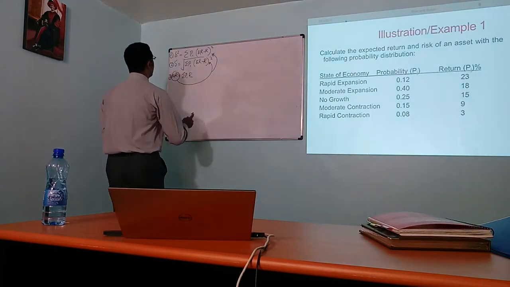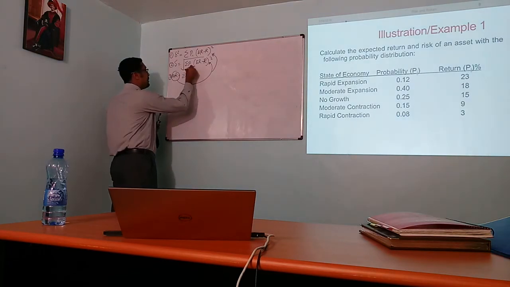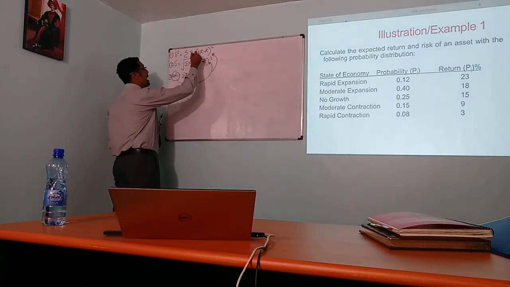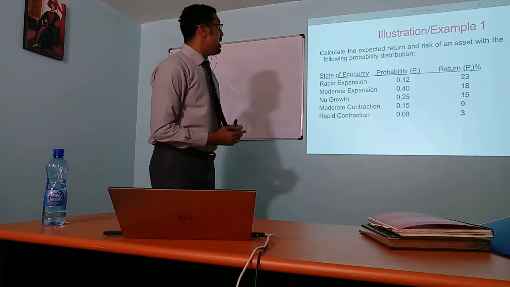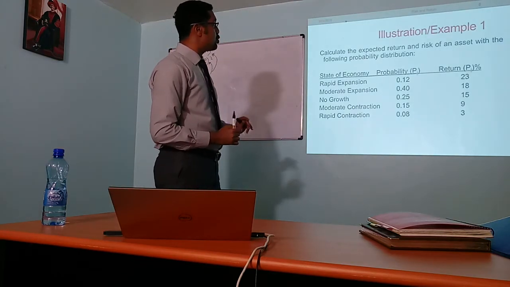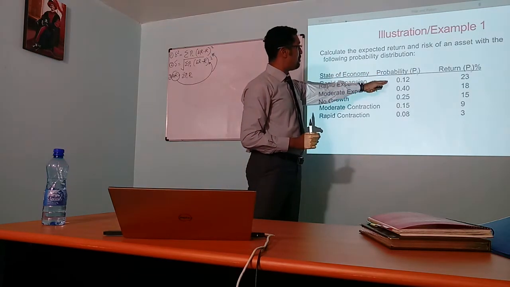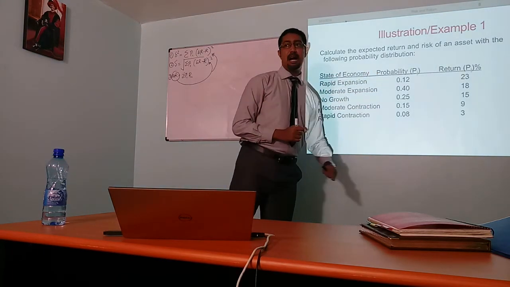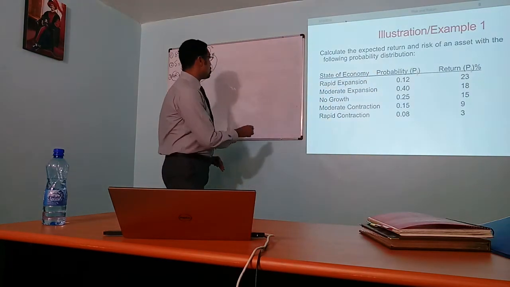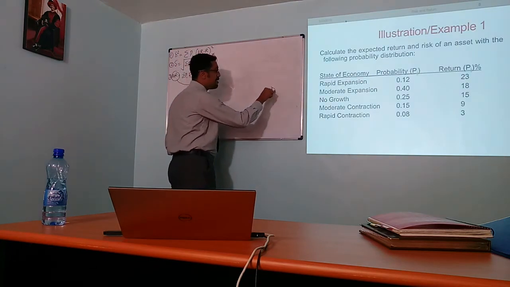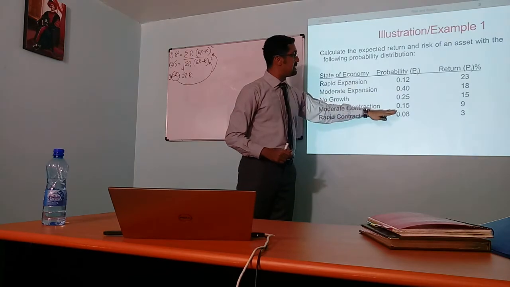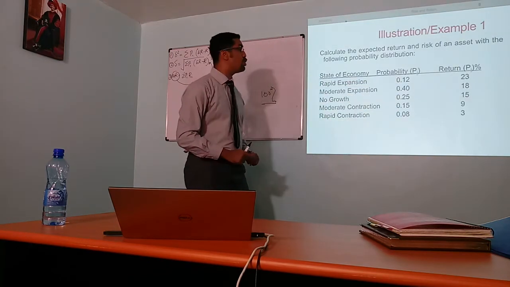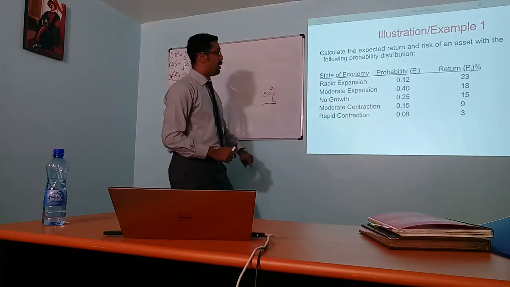You can see very clearly here that this expected return is used there and also used there. The first step is to see that all probabilities add up to 1. Chances of anything happening is 100%. So make sure you add all the probabilities, and they should give you 1.00.